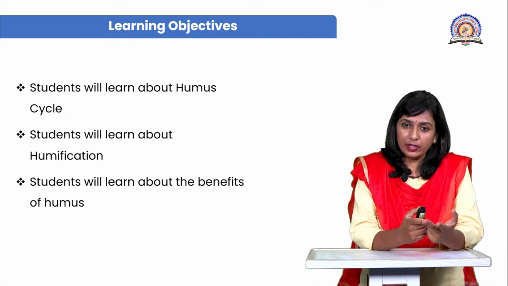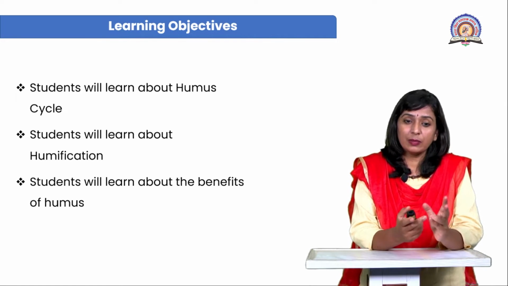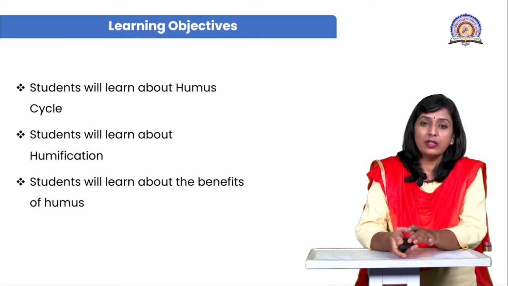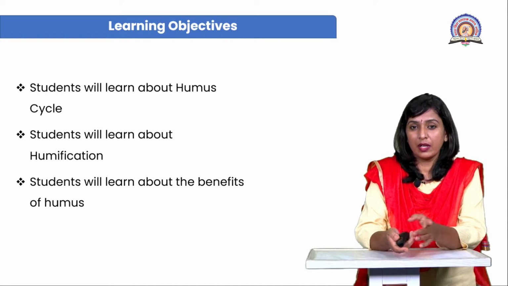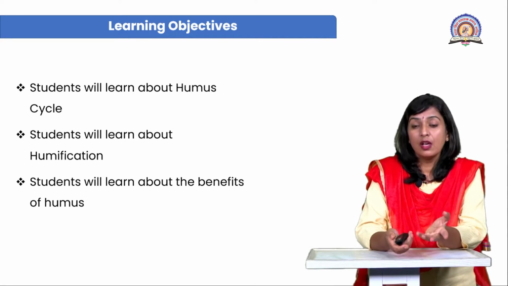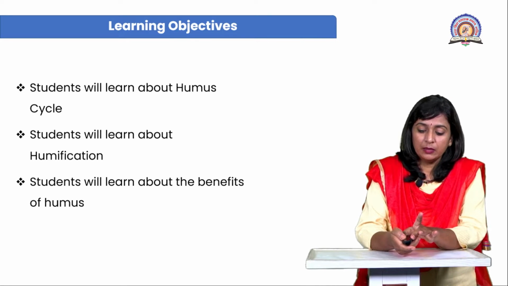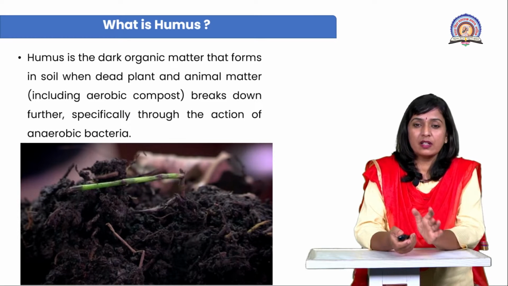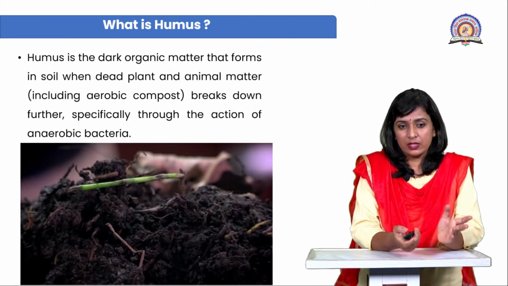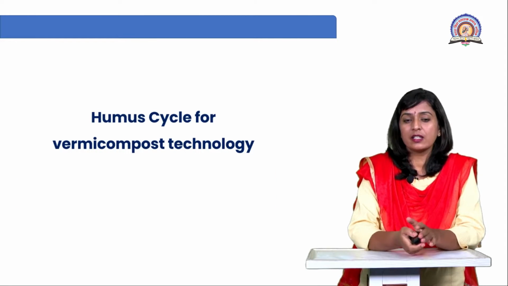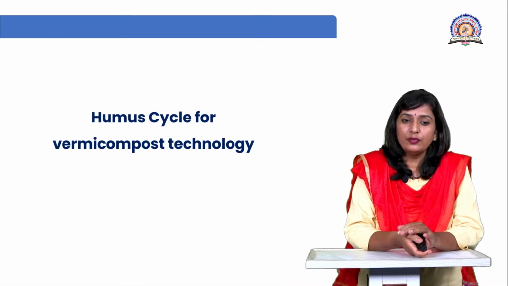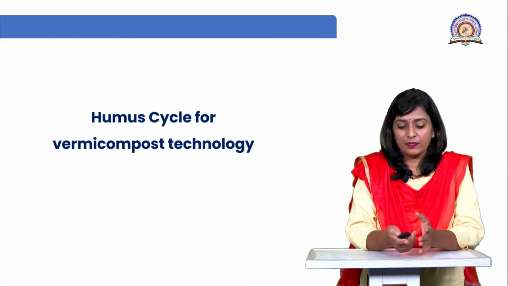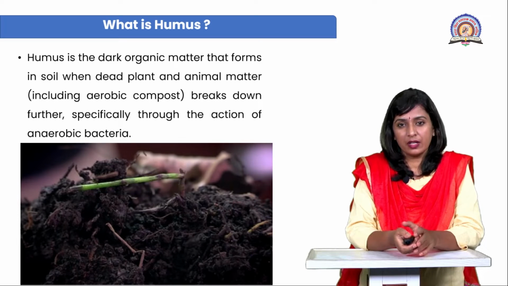But that can be avoided by using organic farming as well as by using manure that is called organic manure, like humus and decomposed material, or vermicompost. So let's see what humus is. This is our title, humus cycle for vermicompost technology. Around this we'll be studying today.